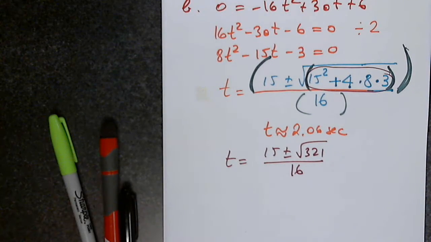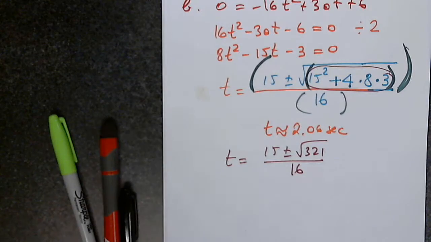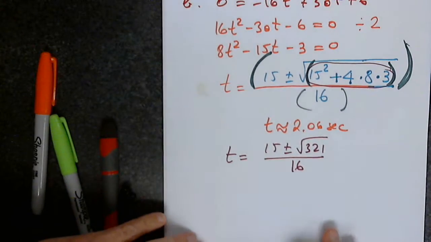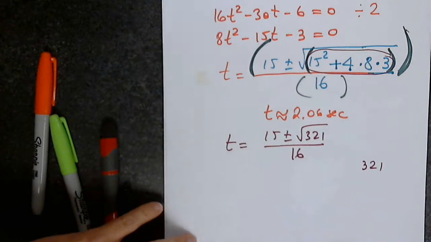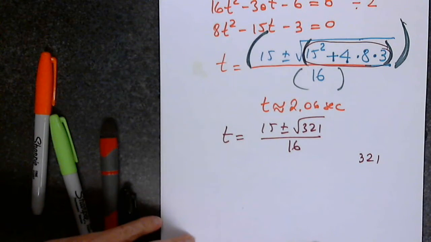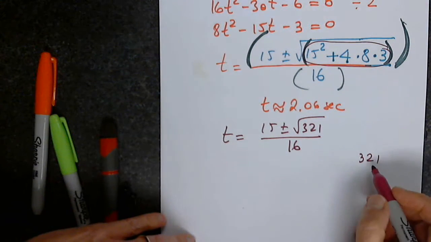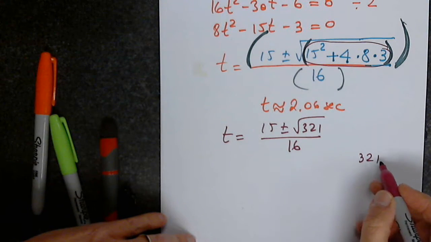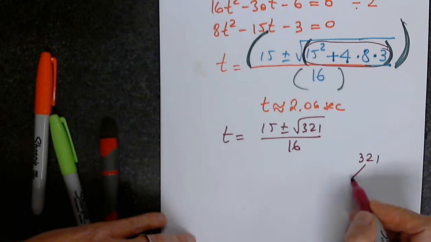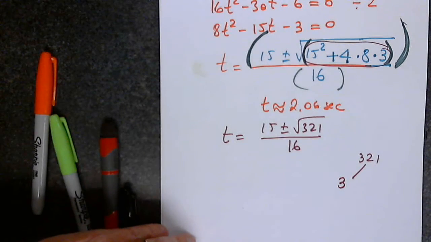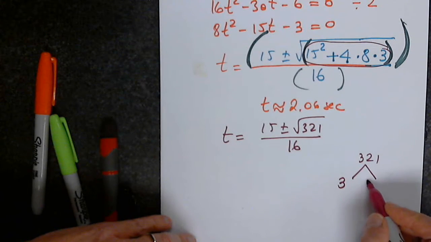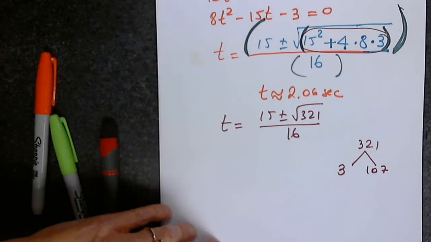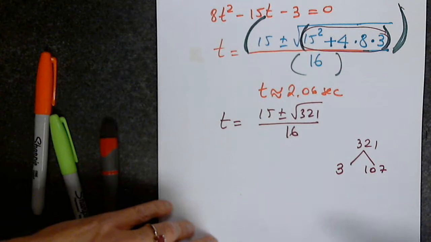Now I have to see whether I can take some integers out of perfect squares from 321. 321 is not an even number, so it's not divisible by 2. But 3 plus 2 plus 1 is divisible by 3, so the number itself will be divisible by 3. So then I have 107, right?